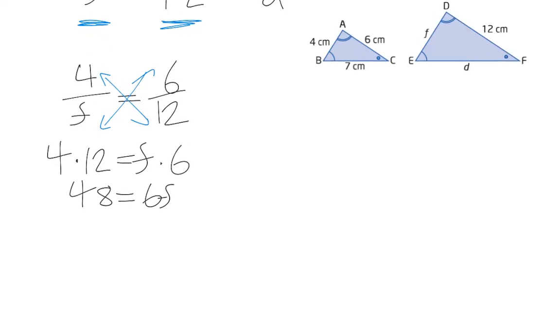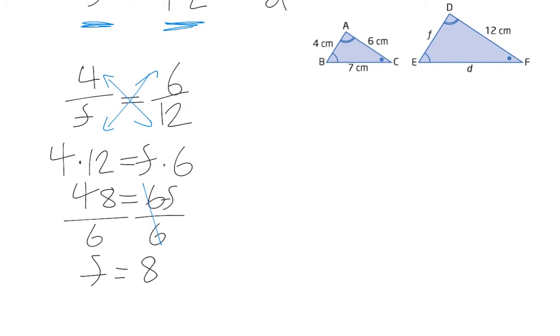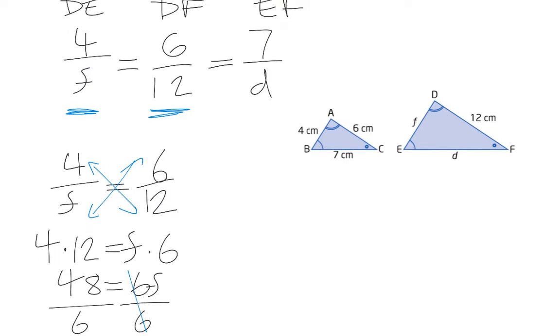You can divide both sides by 6 to get rid of the 6. The 6's cancel out, and all you're left with is 48 divided by 6. And I'm just going to flip this around so I'm reading it from left to right, and 48 divided by 6 is 8.